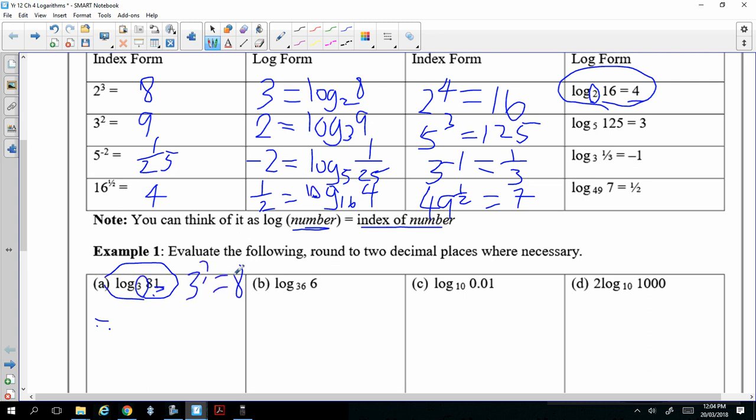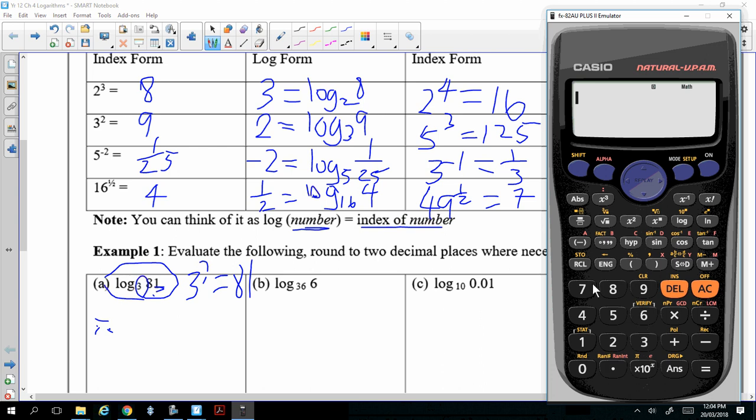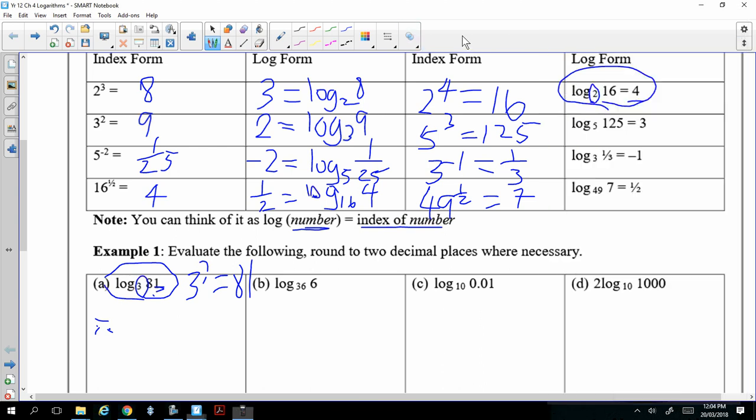It's 4. We can check that with a calculator: 3 to the power of 4 is 81. So the answer is 4.